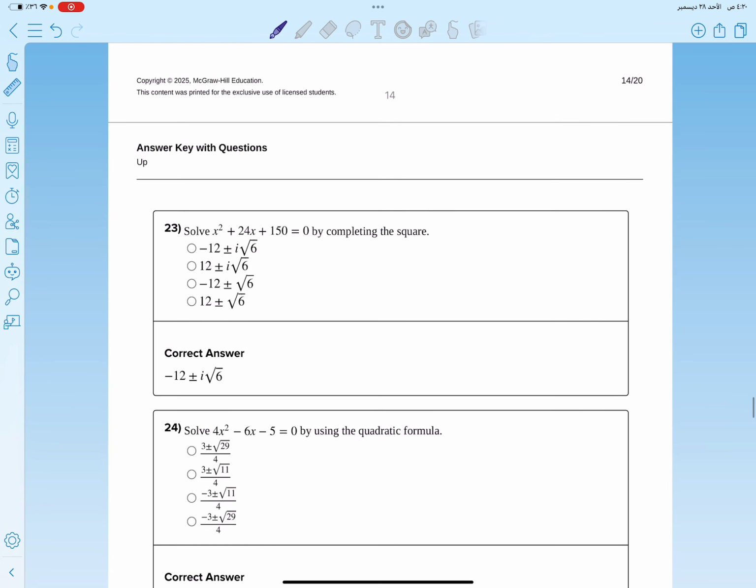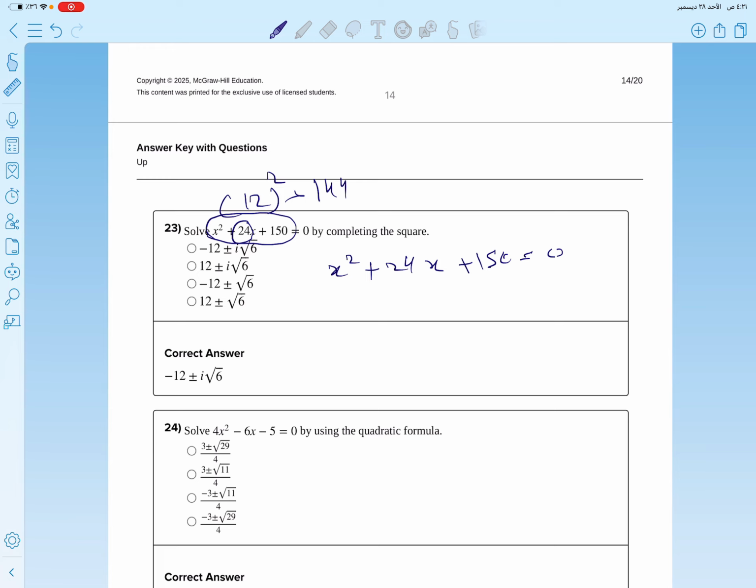Solve x squared plus 24x plus 120 by completing the square. For this equation, I need to complete the square, so I always divide this part by 2, which is going to be 12. 12 squared is going to be 144. x squared plus 24x plus 120 equals 0.